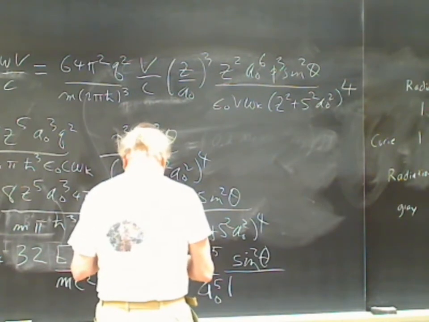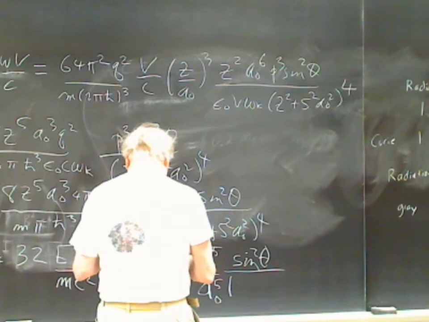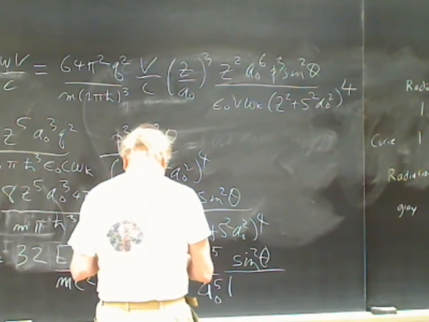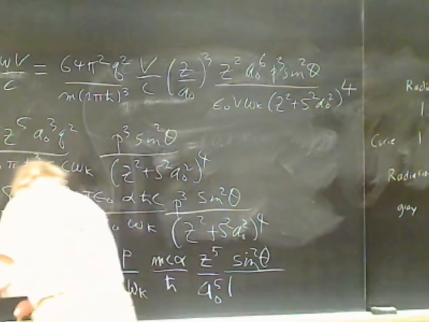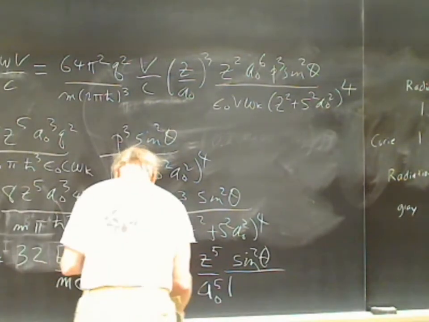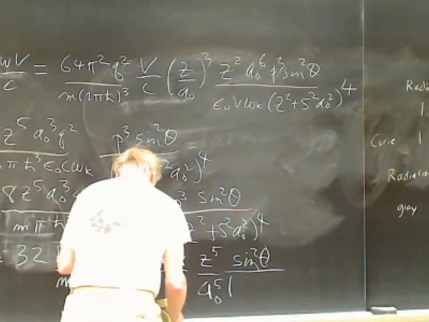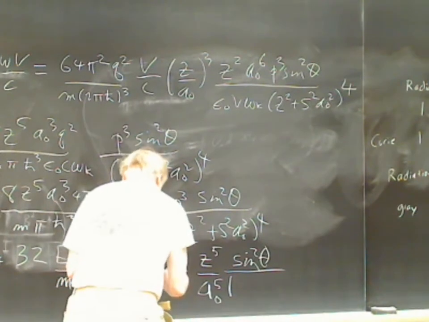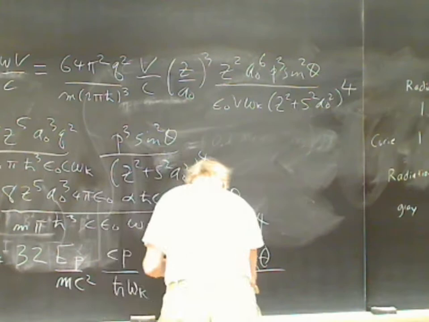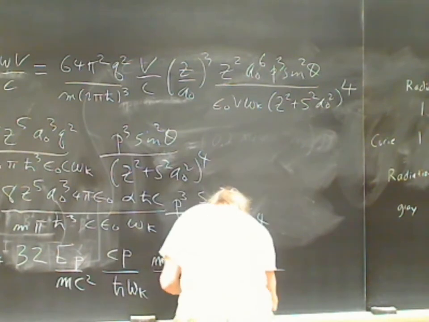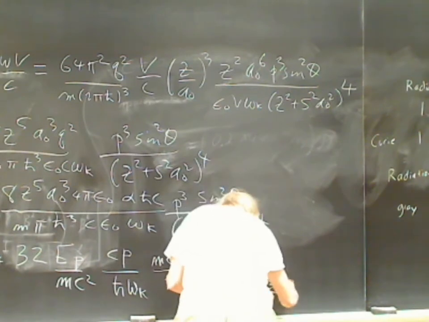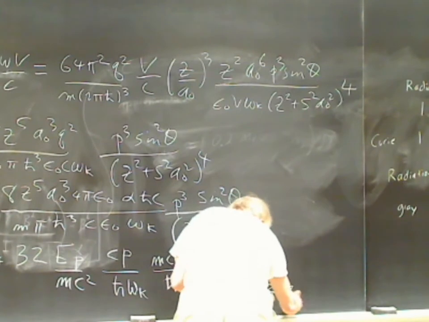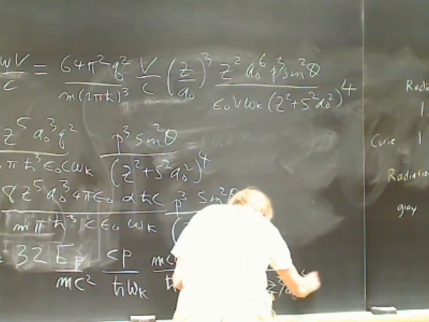Maybe I'll stay with this step: Z to the 5th, a0 to the 5th, and then S squared plus Z squared over a0 squared to the 4.